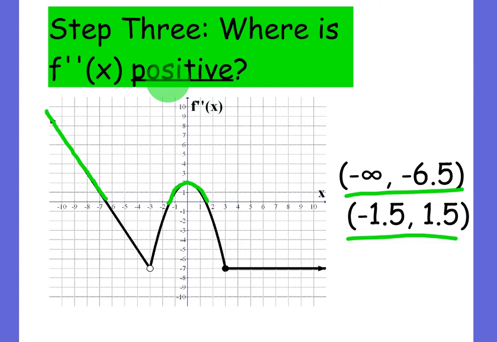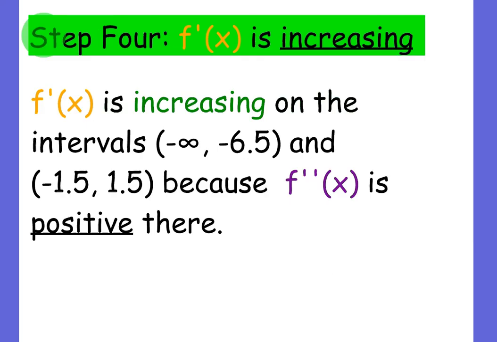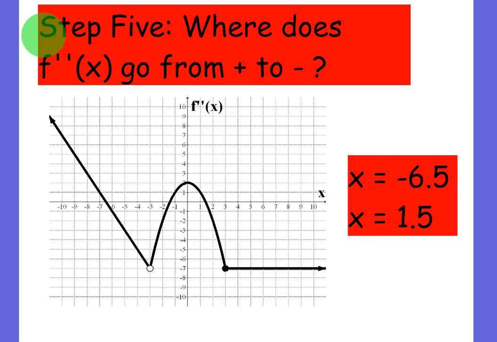So remember, wherever f double prime is positive, f prime will be increasing because the slope of the tangent lines will be positive, which means f double prime will be above the x-axis, or positive. So f prime of x will be increasing on these intervals. Now remember, we're going to be putting increasing, decreasing, and concavity together in one chart so that we can better sketch f prime. Since we're going backwards, it's much easier to do it that way.